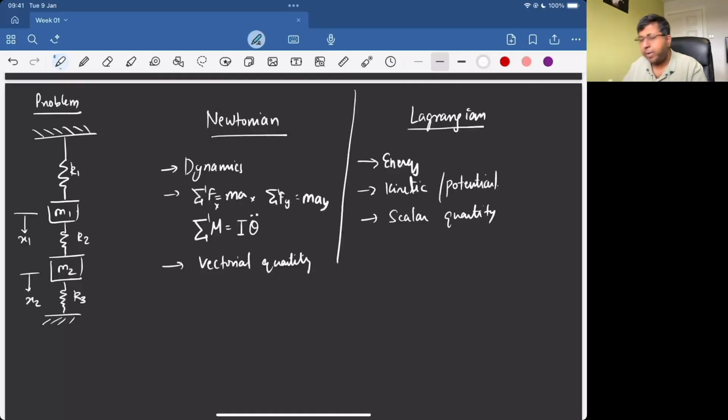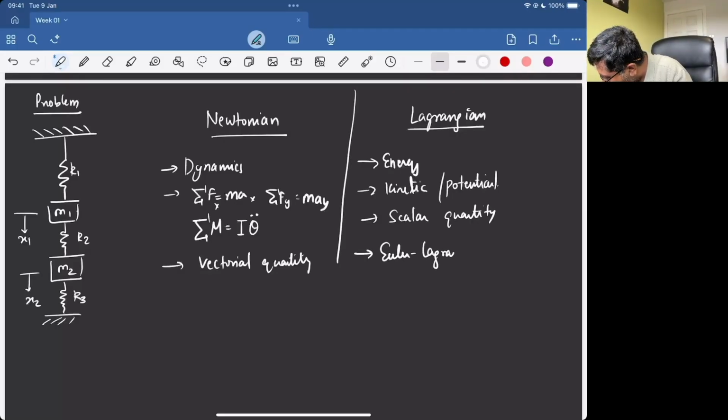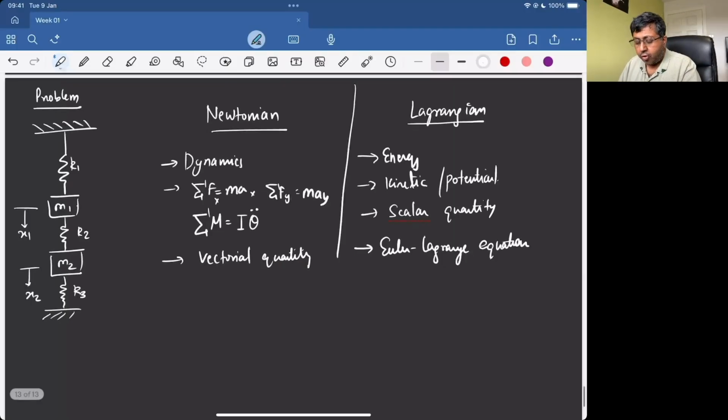Many of you might already be feeling relieved because it's not a vector, it's a nice scalar. There's one number in there. There's no direction to that number, right? So if you can define the kinetic energy and the potential energy of each of the components in the system, then you can use what's called the Euler-Lagrange equations to solve this. Okay.